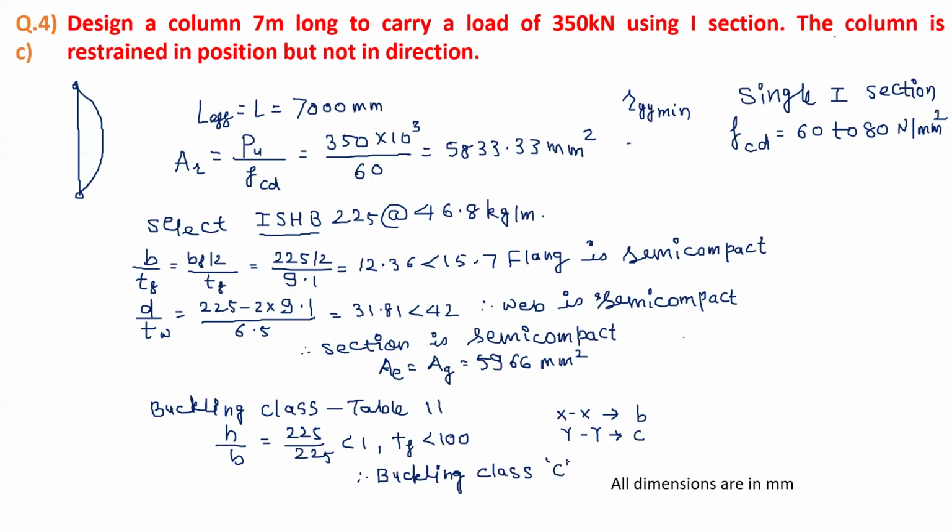Buckling class C. And then we will go with KL upon R. So KL means L effective upon R minimum. R minimum is RYY. And then we have 7,000 upon value of RYY is 49.6, and it comes 141.13.